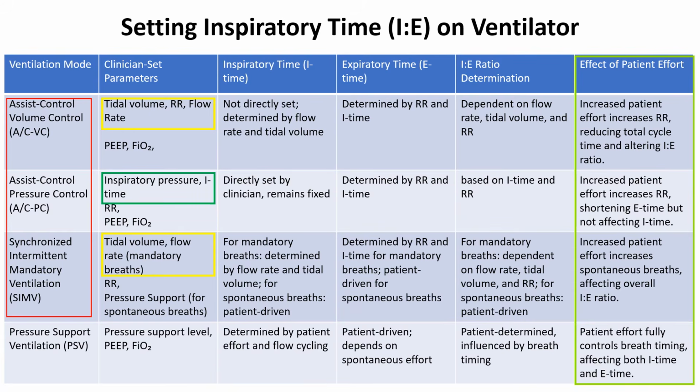In spontaneous modes like pressure support ventilation there are no set mandatory breaths, so inspiratory time and expiratory time are entirely dependent on the patient's effort, making the inspiratory to expiratory ratio variable. Setting appropriate inspiratory time, expiratory time and inspiratory to expiratory ratio needs adjustment based on the patient's specific respiratory conditions.